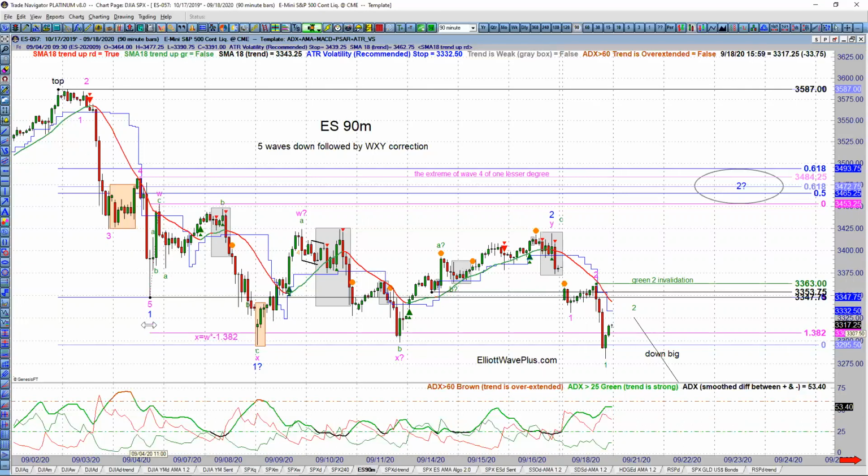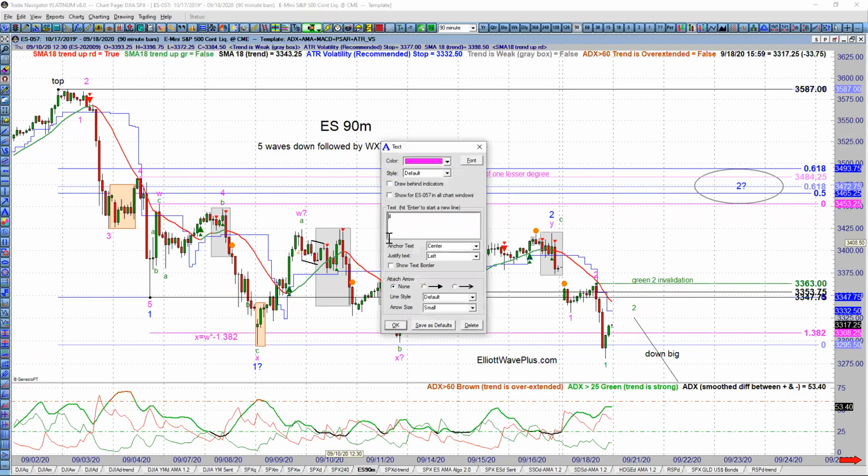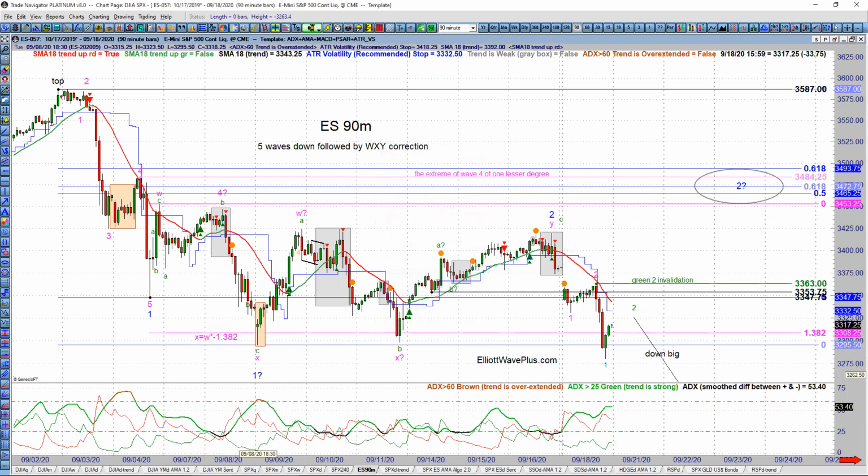So that's, and then there's another way to count this, and that is a 1, 2, 3, and then a running flat or a triangle through wave 4. Then the wave, and so the 5-wave down structure would have ended here.